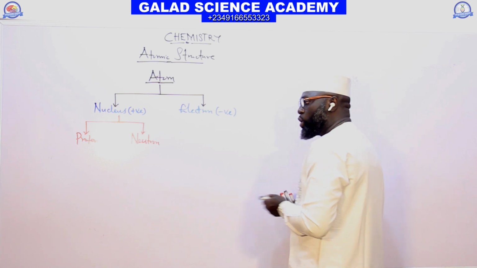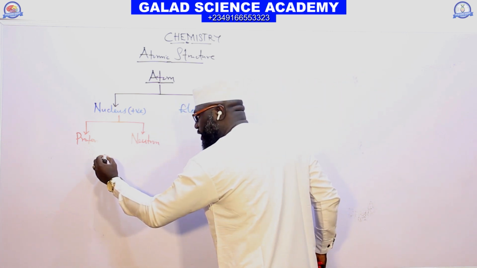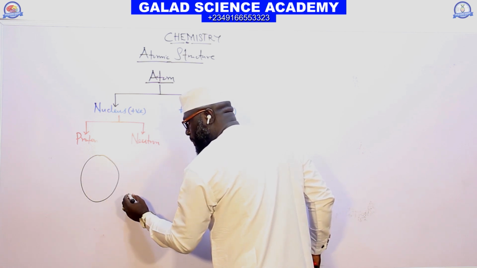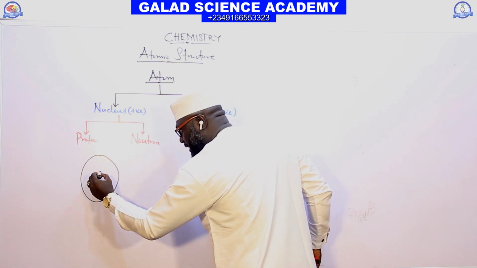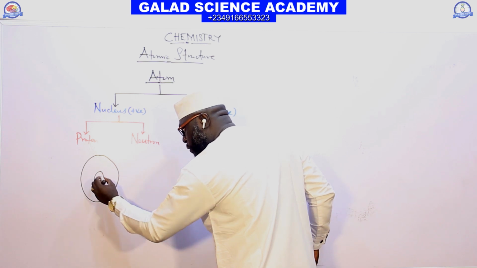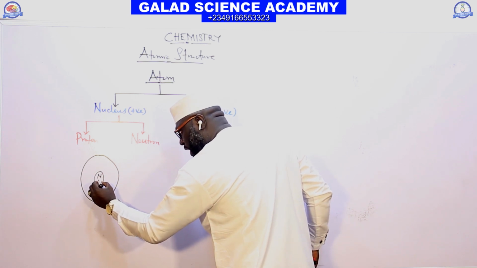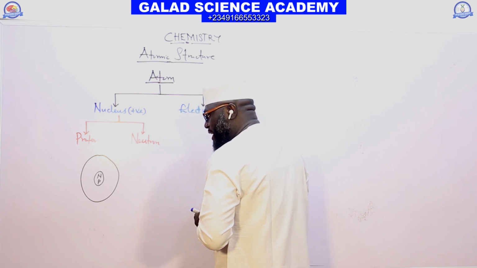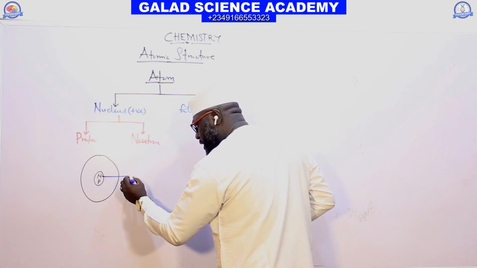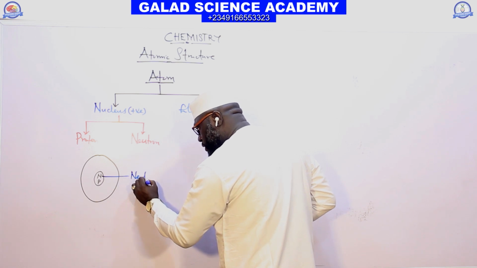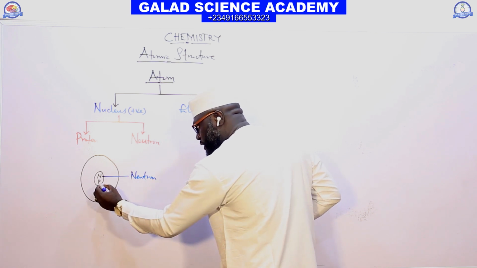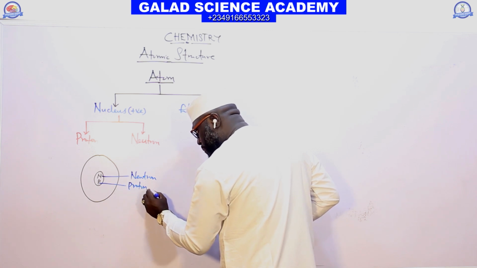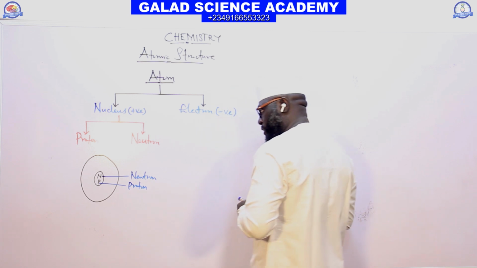In terms of structure, we can have this in this form. At the center here, we have neutron and proton. This N stands for neutron, and this P stands for proton.